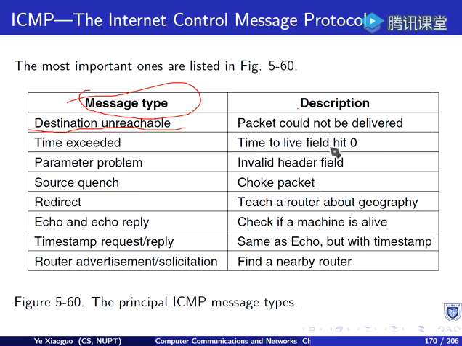If the TTL field hits 0, then the message type time exceeded is used. Then there are parameter problem, source quench, redirect, echo and echo reply, timestamp request and reply, router advertisement, etc.